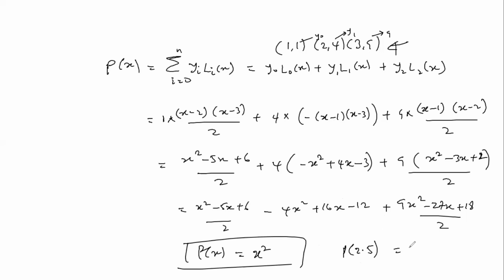That's just going to give us 2.5 squared, which is 6.25. So for every point between 1 and 9 that we now desire to predict with this model, we should be able to predict fairly.